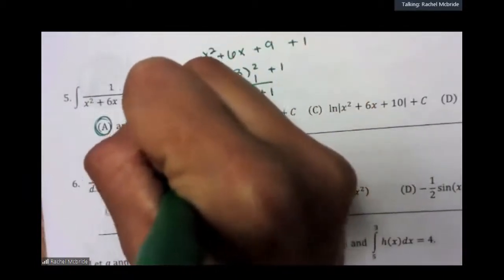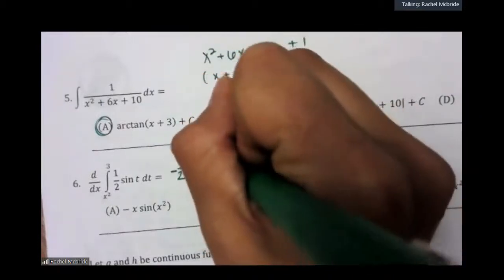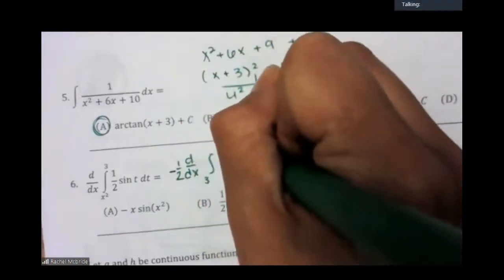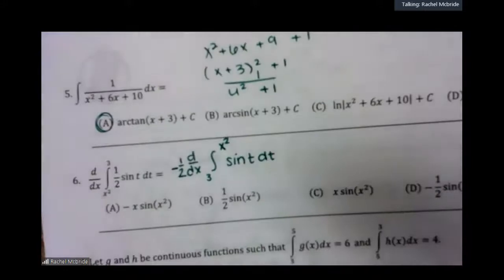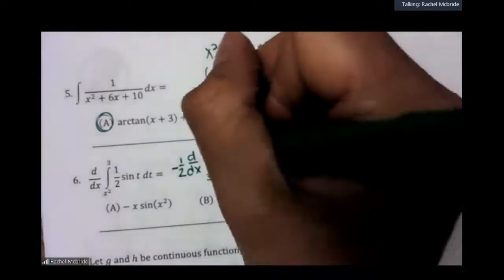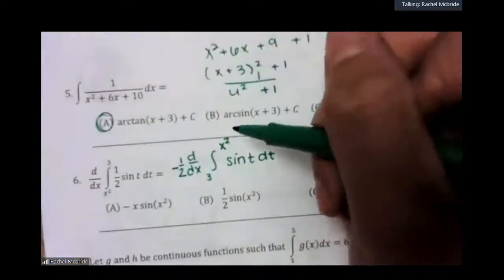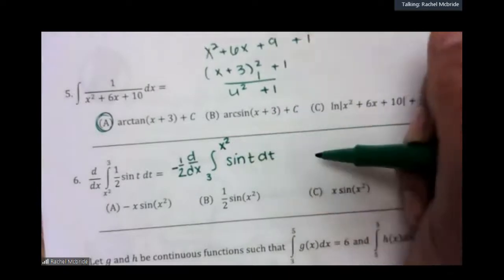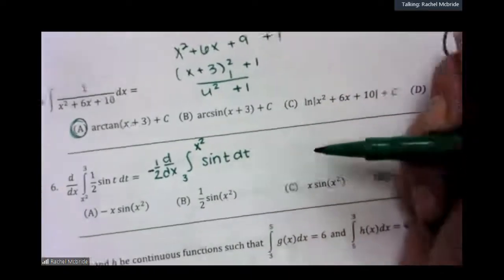I would pull out that 1/2 sine t dt. Remember that when you plug in a bound that is something other than x, you have to also multiply by the derivative of it.